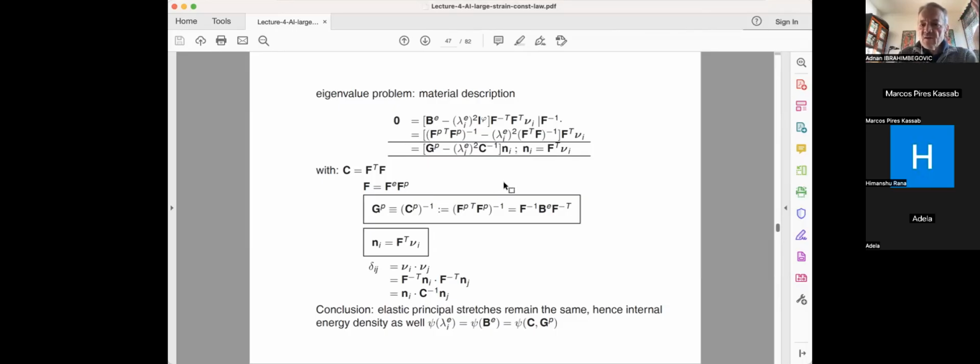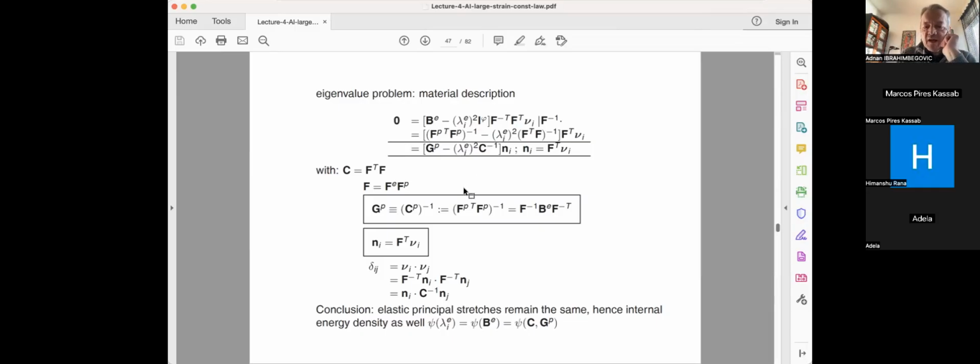And then you can work it out in the material description and get, instead of a standard eigenvalue problem with the identity matrix, a generalized eigenvalue problem with a matrix pencil, as it is called in the book of Parlett, of these two tensors or matrices. Please recall that it's always guaranteed that these lambdas are positive because these are principal stretches, and a basic theorem says that C is definitely positive, and so is GP, so you're guaranteed to have that.